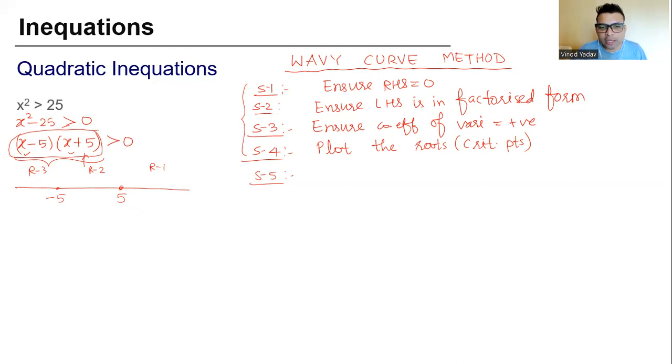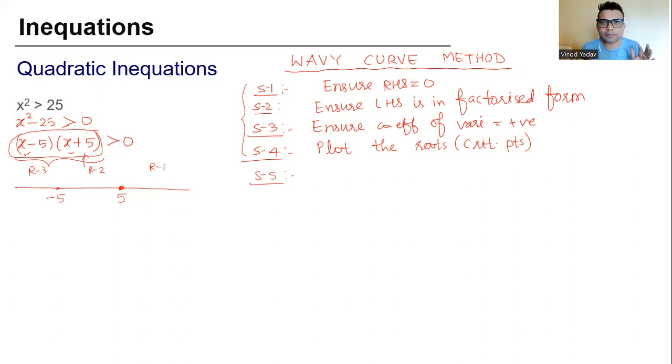If I choose any value to the right side of 5, meaning x is more than 5, let's say 6 or 5.1, don't you feel x minus 5 and x plus 5 will both give a positive answer? Don't worry about the value, just understand the sign of that value.